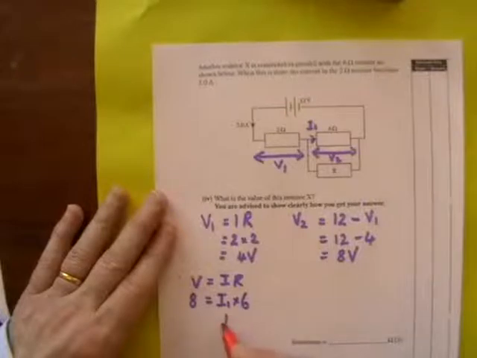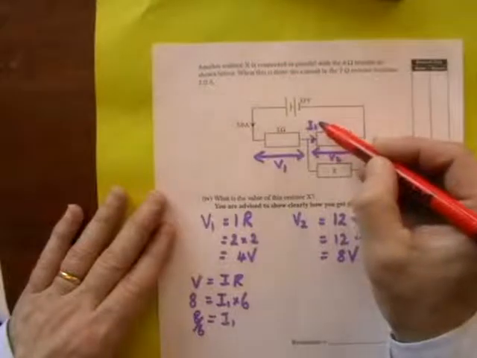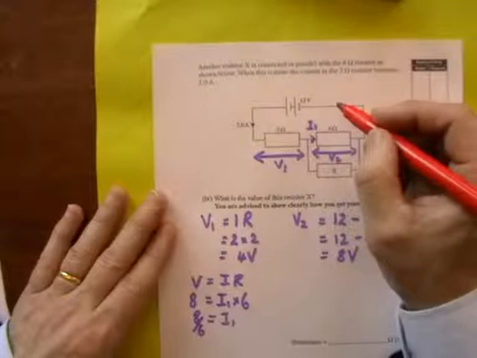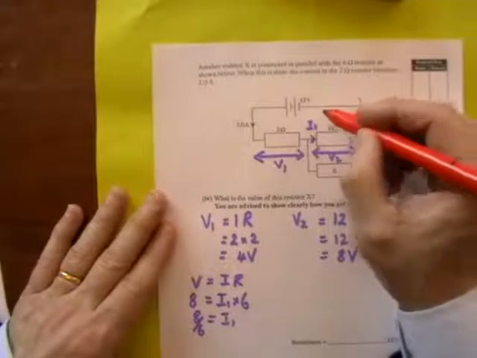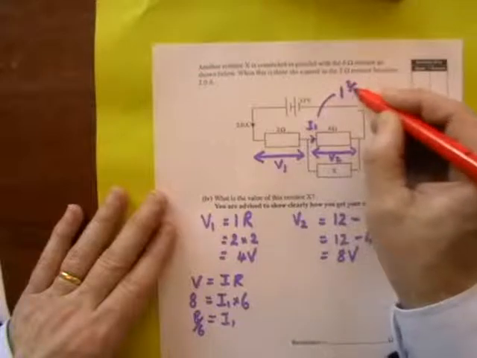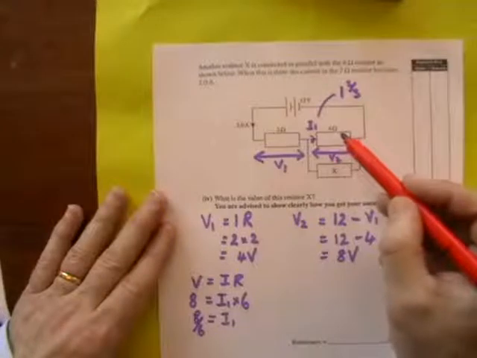So I1 must be equal to 8 over 6, which is 1 2/3 going through there.